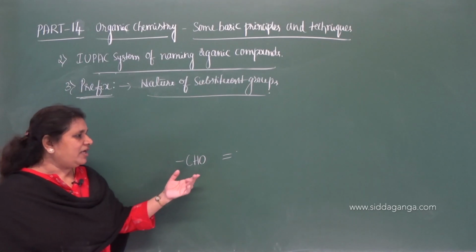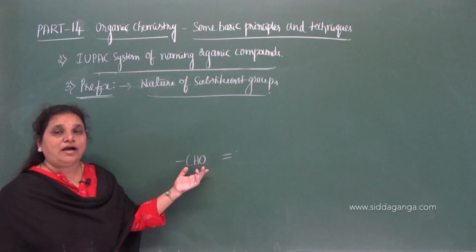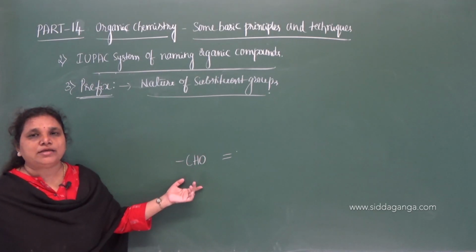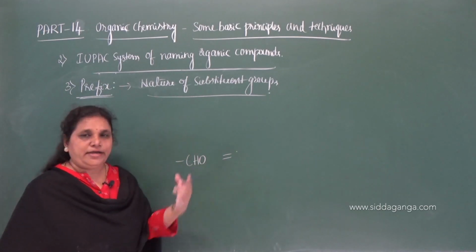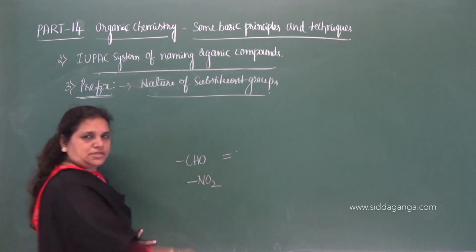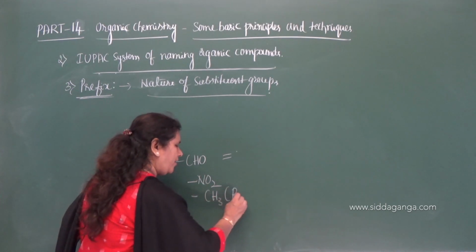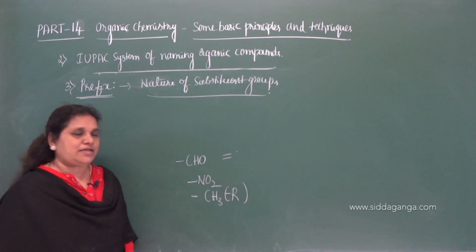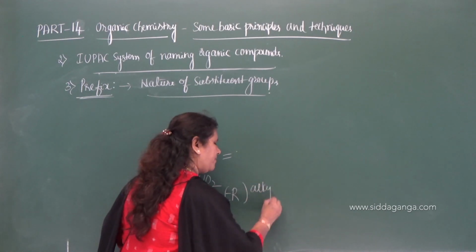Means we are giving less preference to double bond when the functional group is present. Then we can consider double bond as a secondary functional group. Along with the CHO and double bond, for example, if NO2 group is present or methyl group, methyl group in general we can represent as an R group.